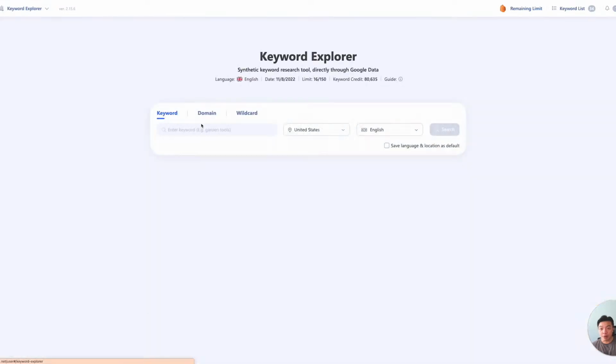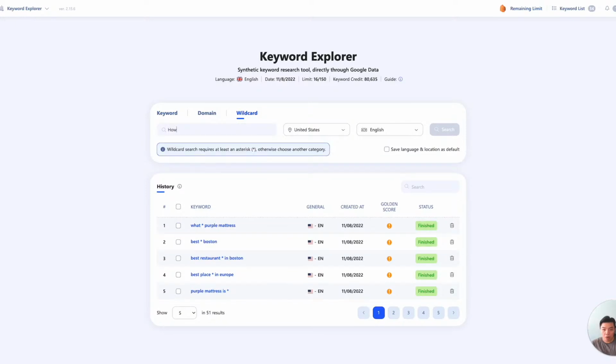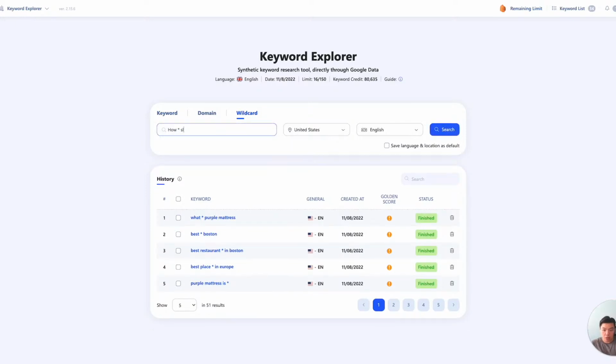And there's non-direct demand. Non-direct demand could be a keyword like how stars sleep, for example.